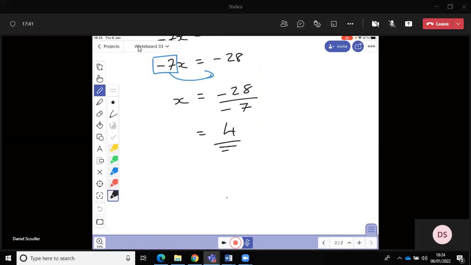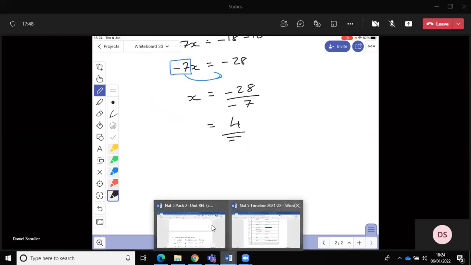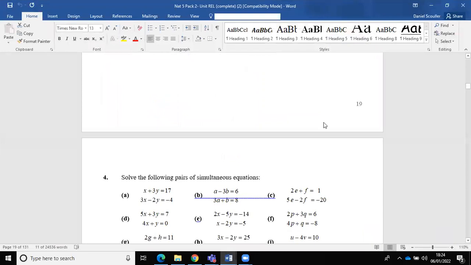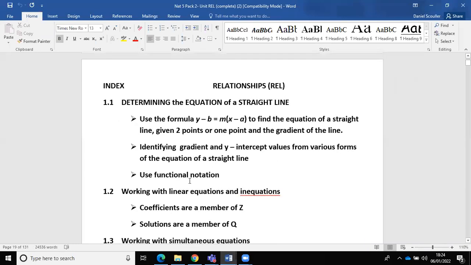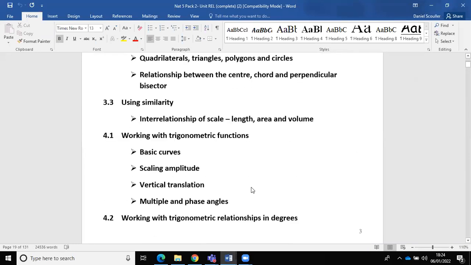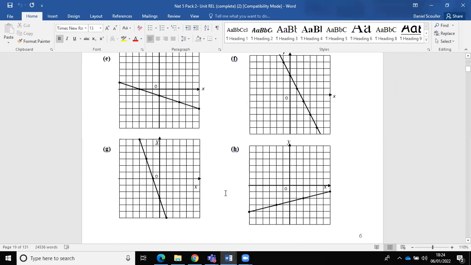There are lots of different questions on that type of manipulation in the pack.